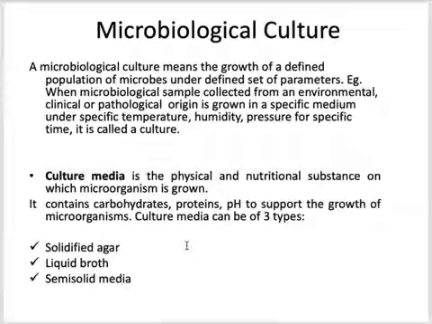What parameters we set completely depends on our intention. If we want to grow many different species, the parameters will be different, but if we want to grow very selective bacteria, then the parameters will have to be very selective for that particular bacteria.